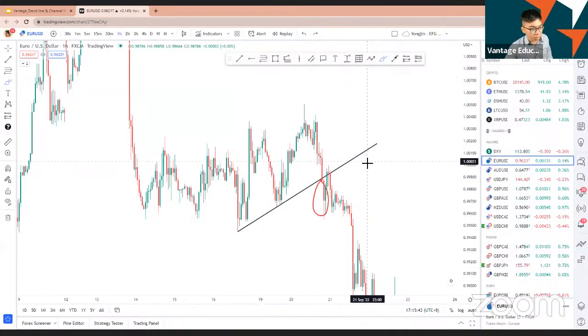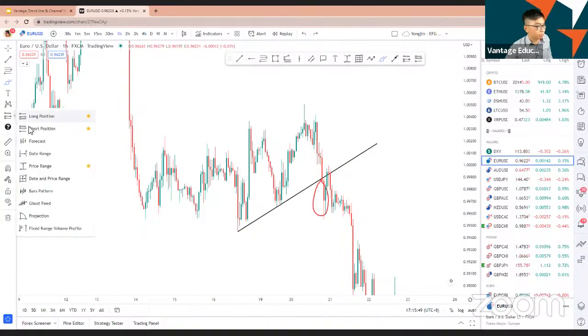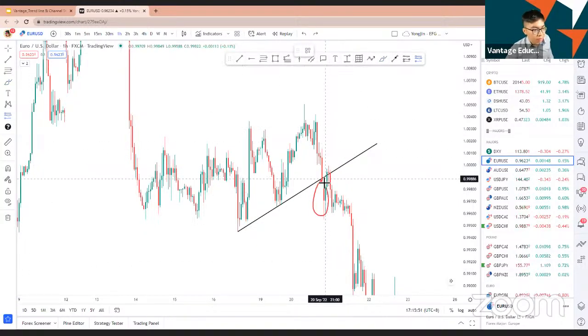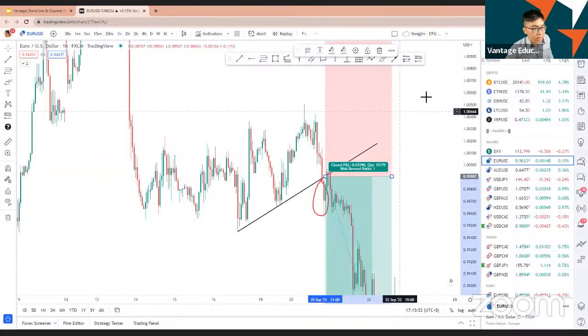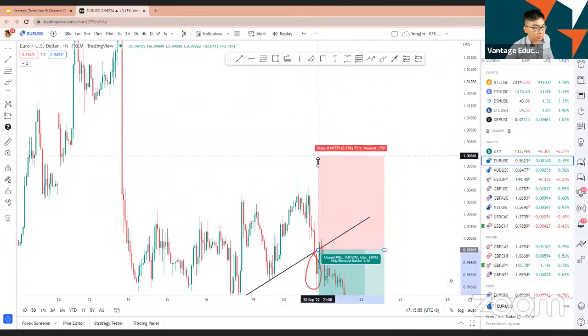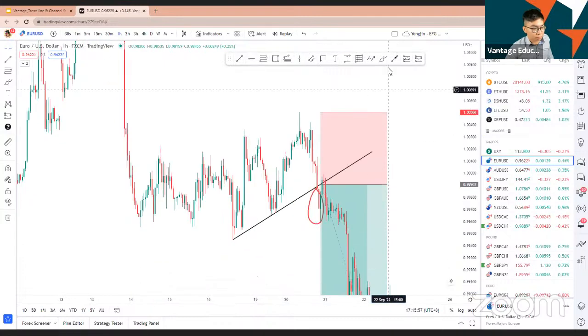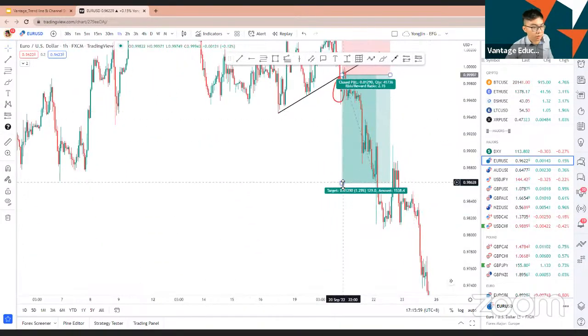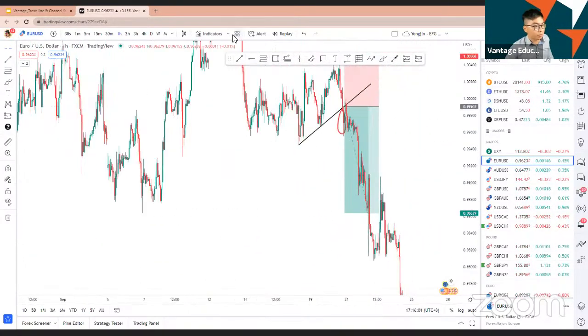So you guys saw price broke out, reversed back up. Then I would have an entry here, back up to the line somewhere here, with my stop loss at the very top, and price has cleared the previous low.